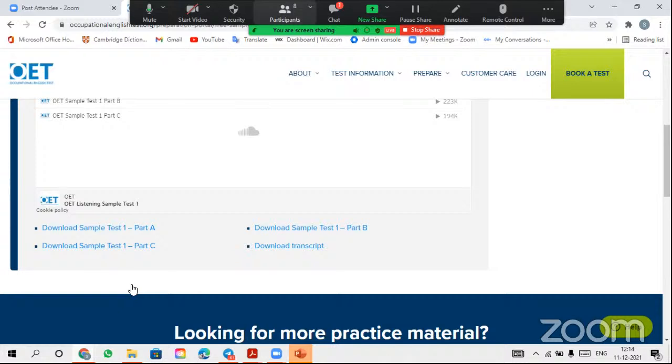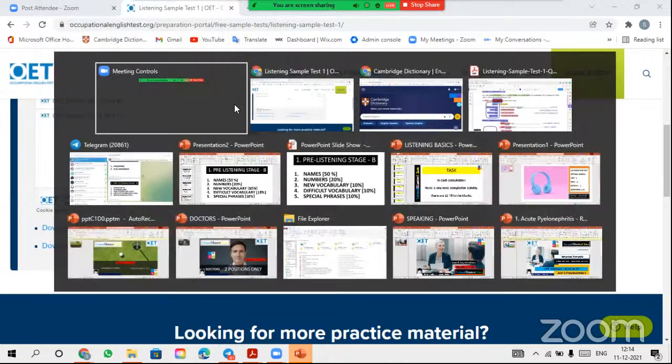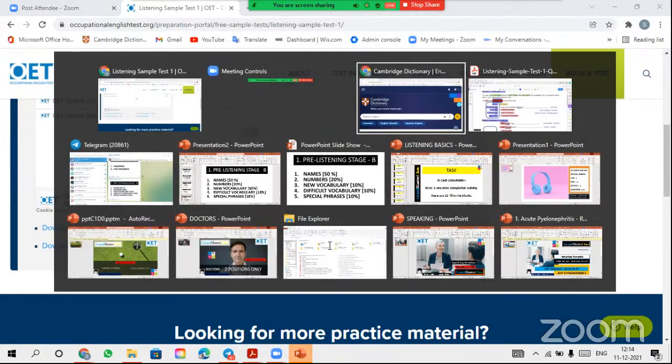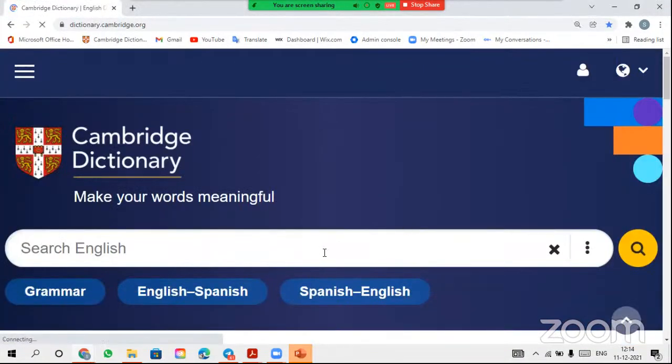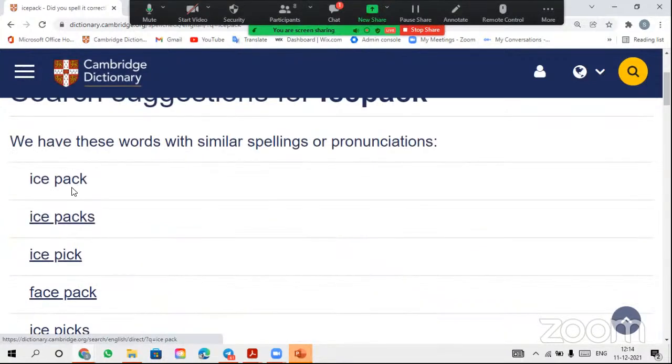Okay. A vaccine carrier. Is vaccine carrier one word or not? Is ice pack one word or not? How should you write it? Come on. Right, very good. You are activating your vocabulary. Come on, more of it. So, Cambridge Dictionary. Now let us see. Ice pack. Is ice pack one word or two words?